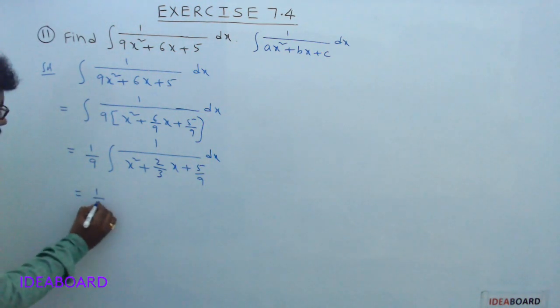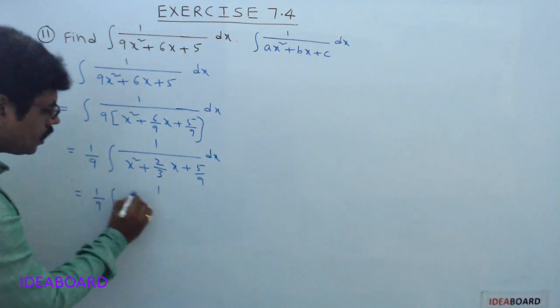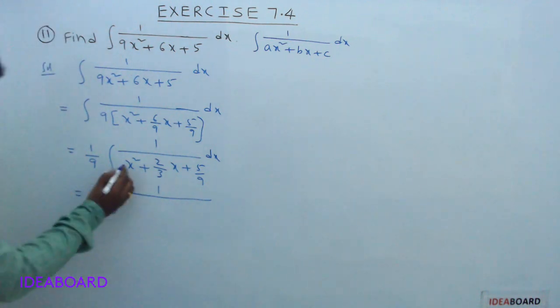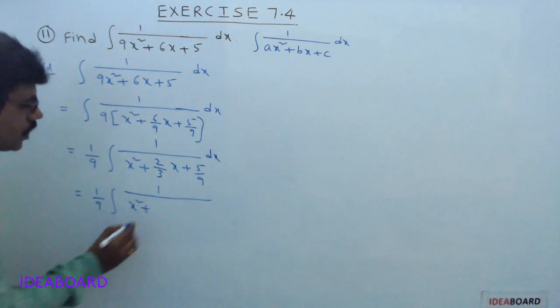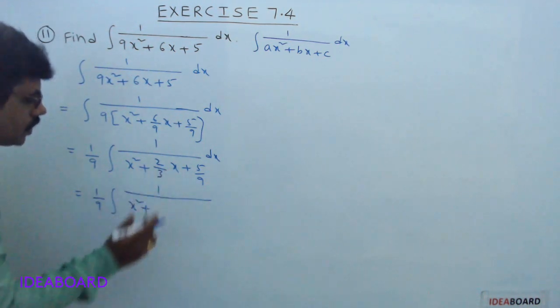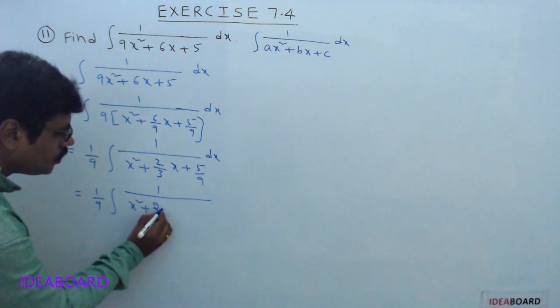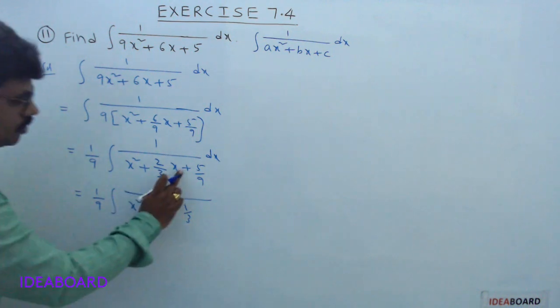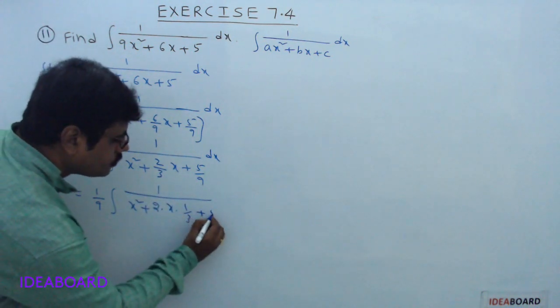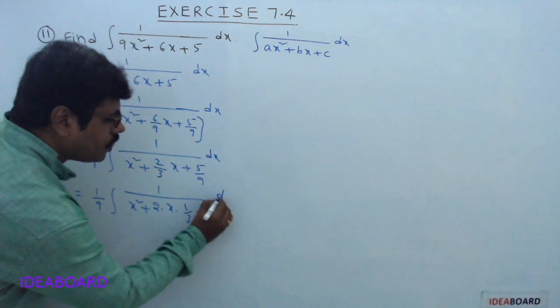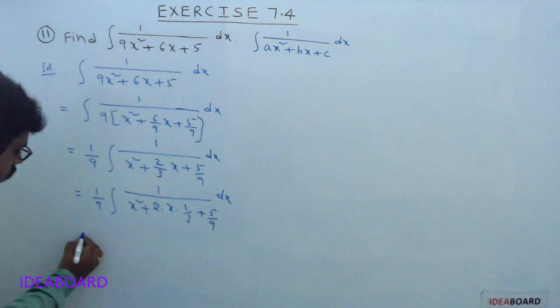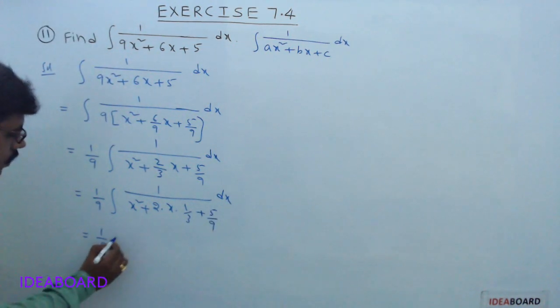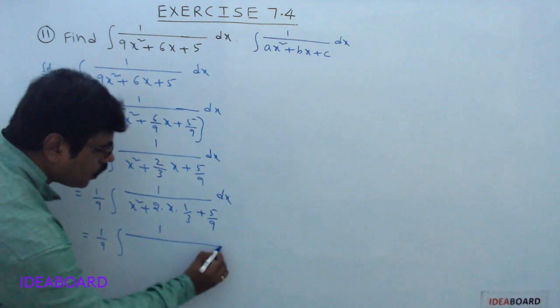Now this is 1 by 9 into integral 1 divided by x square plus this 2 by 3 into x, which can be written as 2 into x into 1 by 3, plus 5 by 9 dx.